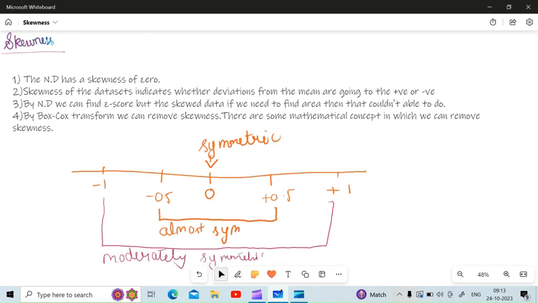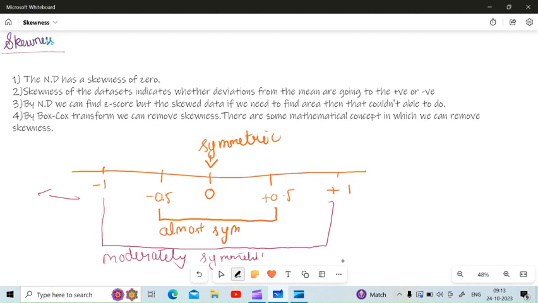By using the pandas library itself, you can find the skewness of the particular data that you have and check the score. What's the value of the score? Whether it's lying between -0.5 and +0.5, or 0, or -1, you can directly find the score, and based on that you can easily assume what type of skewed data you have.